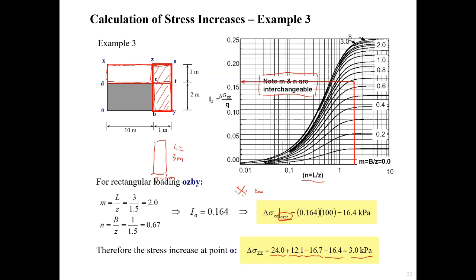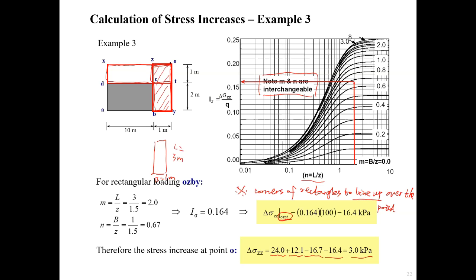So the corners of your rectangles have to line up. All the rectangles have to share a single point, the point of interest.